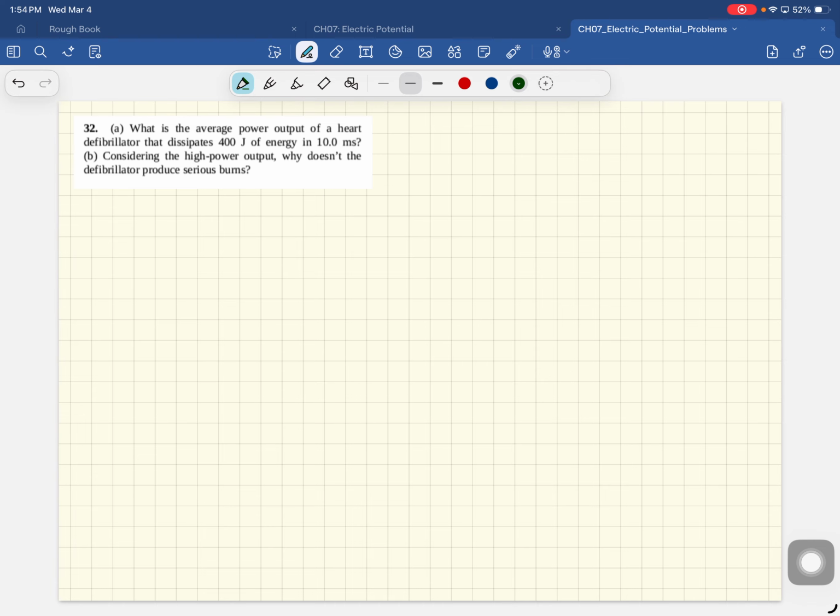So that would be a temperature rise of about 0.1 degrees. So when they defibrillate your heart, the temperature of your chest will rise by about 0.2 degrees Fahrenheit. Okay? You won't even get a fever.